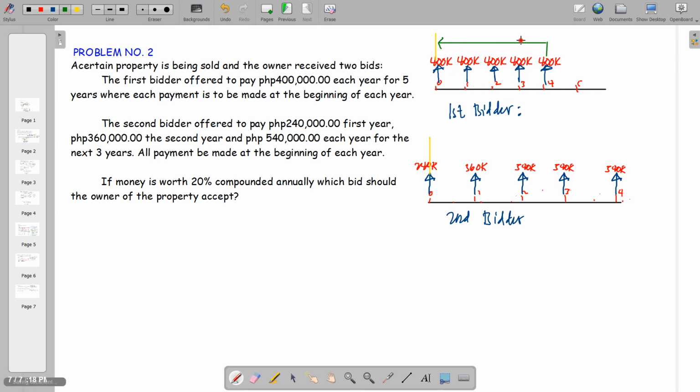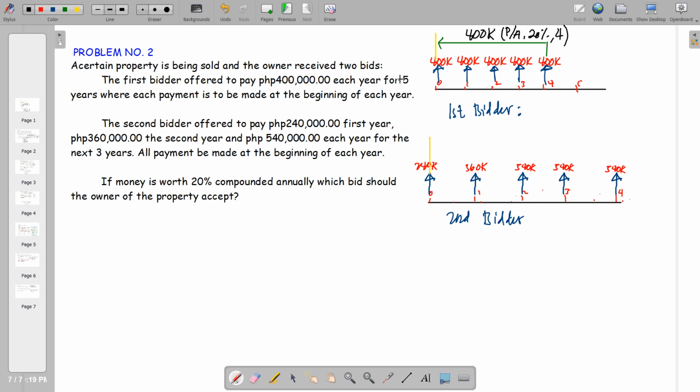See, we have 400,000 times finding P given A. So cost of money is 20% compounded annually, so we'll place 20% on that. And then how many periods? 1, 2, 3, 4. So that period is 4 for this. And then we just add it in a while.